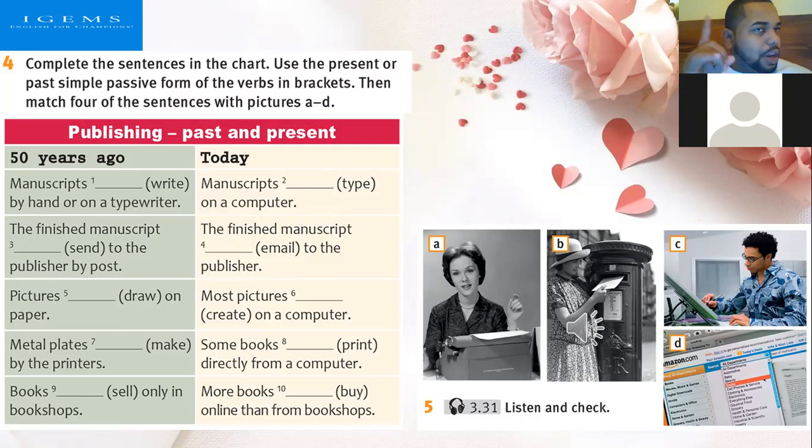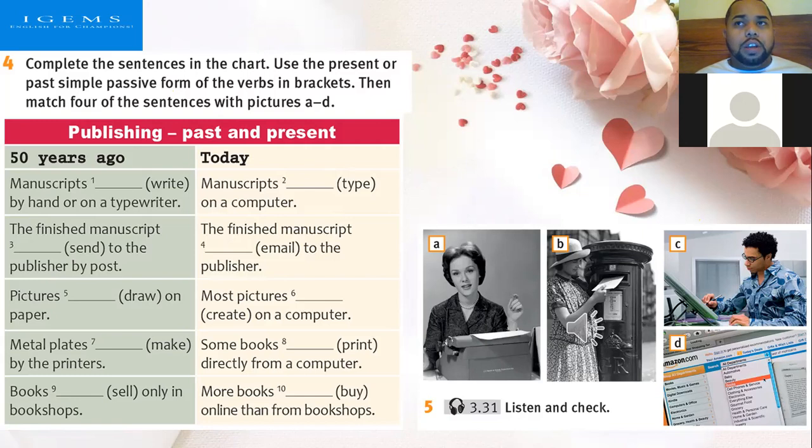Exercise 5. Fifty years ago, manuscripts were written by hand or on a typewriter. Picture A. Today, manuscripts are typed on a computer. Fifty years ago, the finished manuscript was sent to the publisher by post. Picture B. Today, the finished manuscript is emailed to the publisher. Fifty years ago, pictures were drawn on paper.